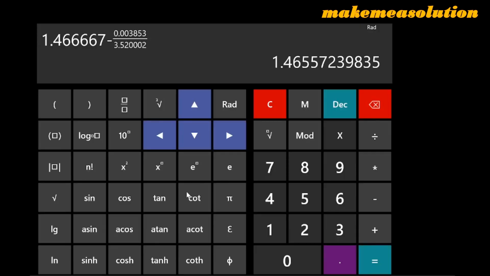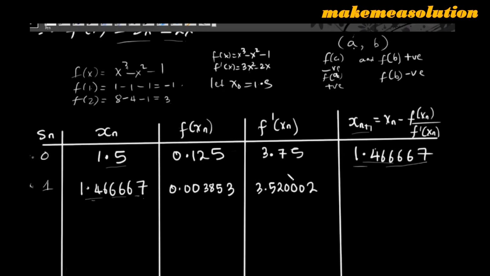So we're getting 1.465572. So we are now going to transfer this point as the new starting value.